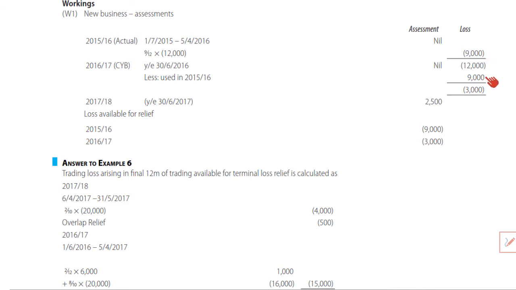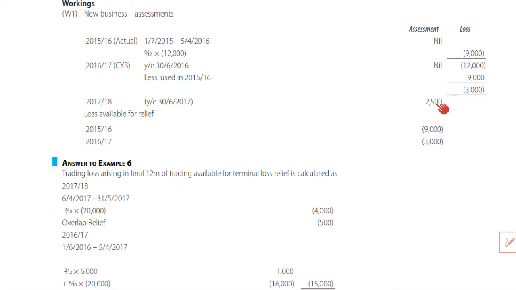So take out the loss we've already used, which gives us £3,000 of loss as being available for the tax year 16-17. So there's your £12,000 of loss, £9,000 for use for 15-16, £3,000 for use in relation to 16-17 tax year. Obviously both losses, so again a nil assessment.